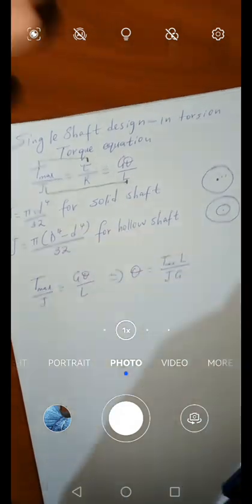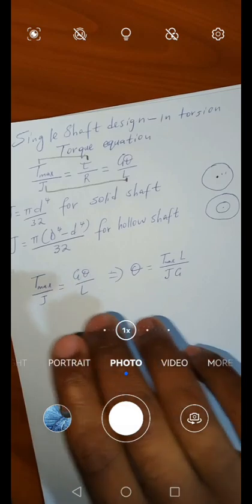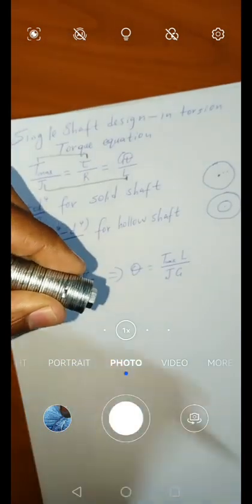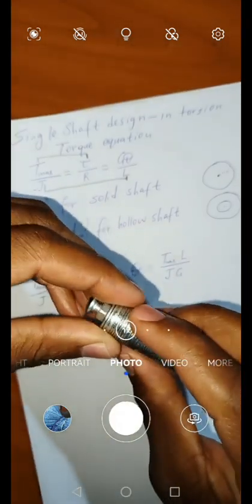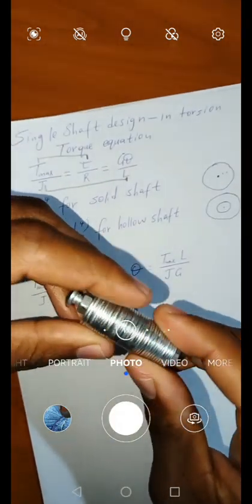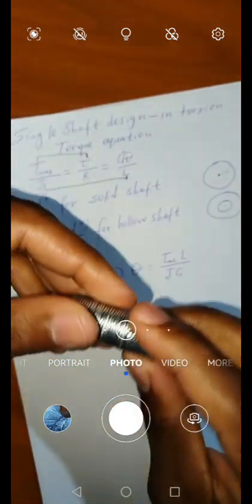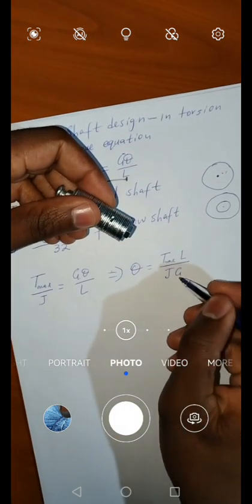The torque will be trying to slide the surfaces. If you have a solid shaft, something like this, you can assume that that shaft is made by several layers, several rings like this. So these two are the resistances.